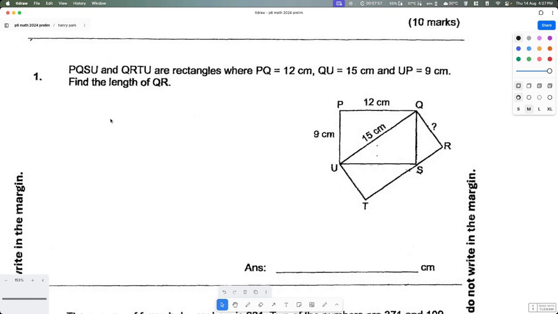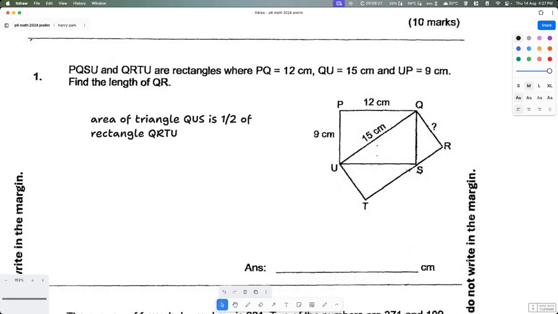So basically, triangle QUS is half of rectangle QRTU.